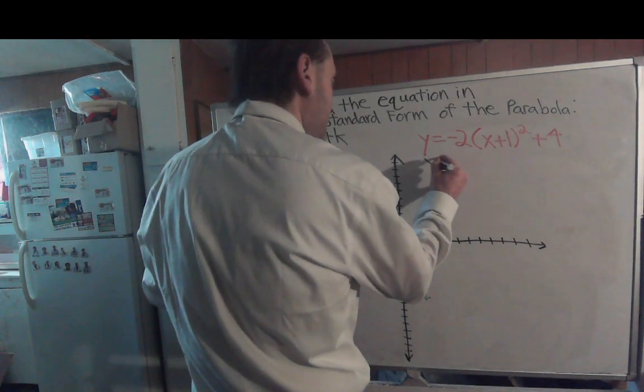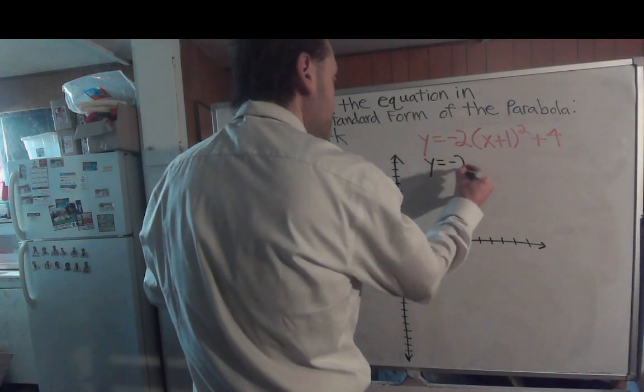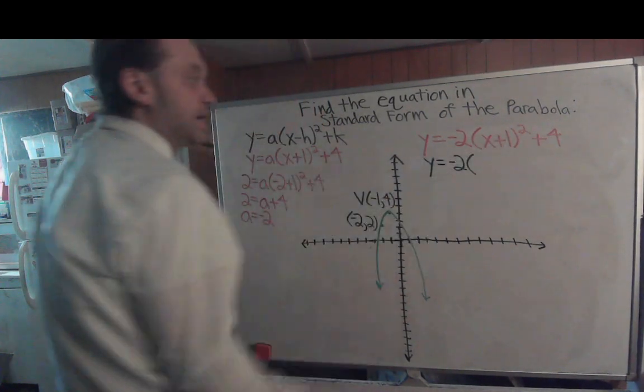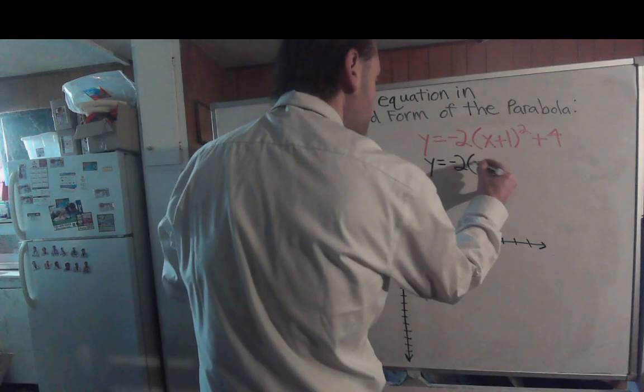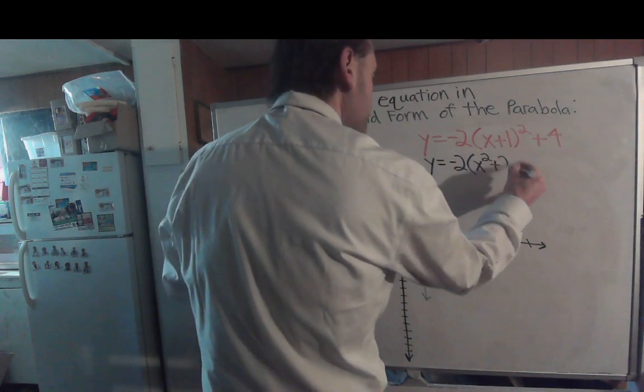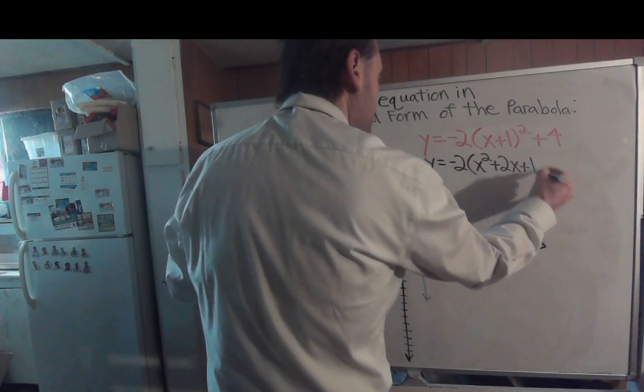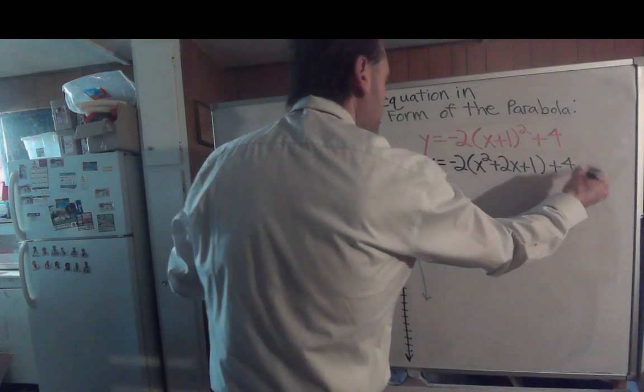So let's see, y would equal -2 times, let's expand this out, x plus 1 squared is x squared plus 2x plus 1, all that plus 4.